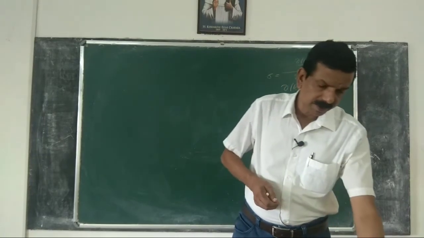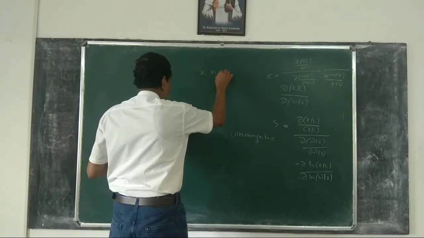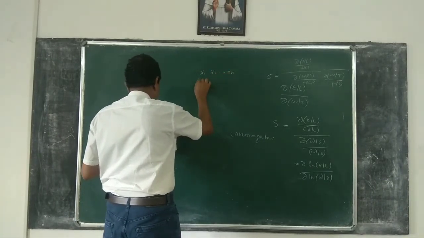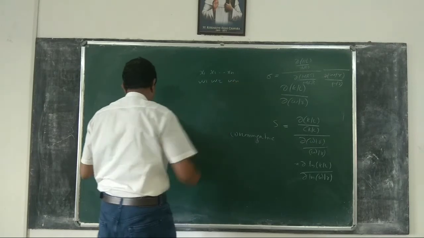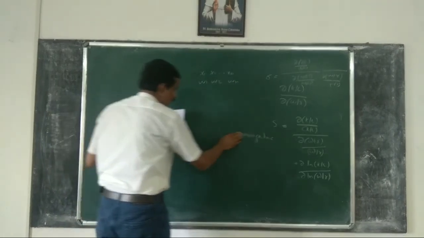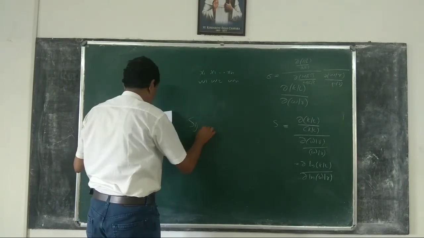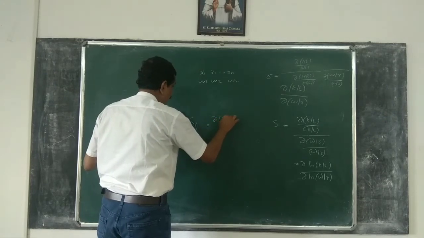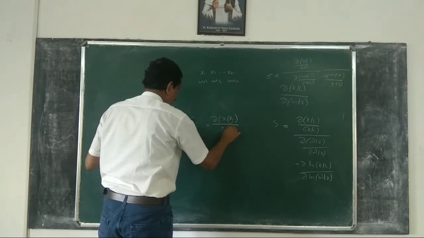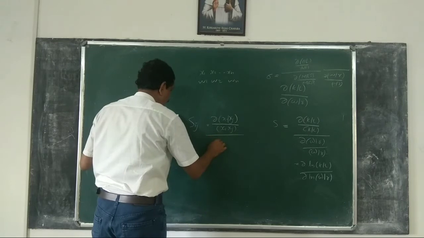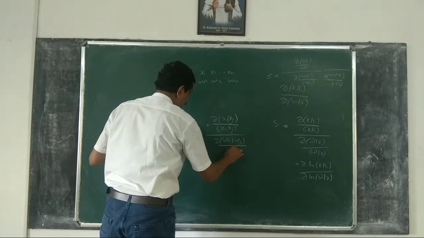Specifically, suppose that we have inputs x1, x2, etc. xn with the prices w1, w2, etc. wn, then sigma ij between any two inputs is equal to dou xi by xj divided by xi by xj all divided by dou wi by wj divided by wi by wj.